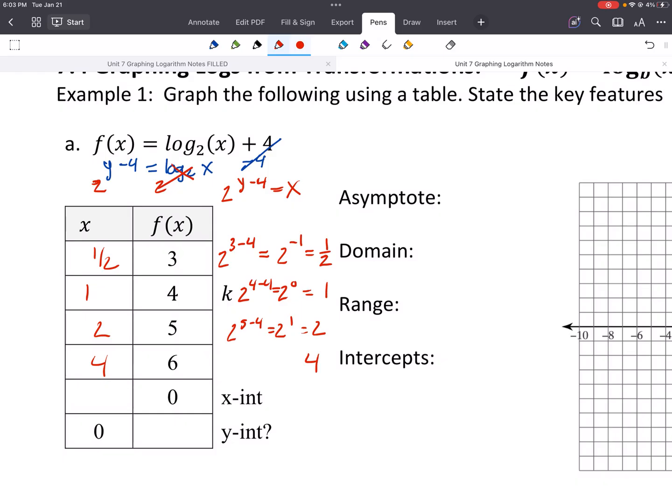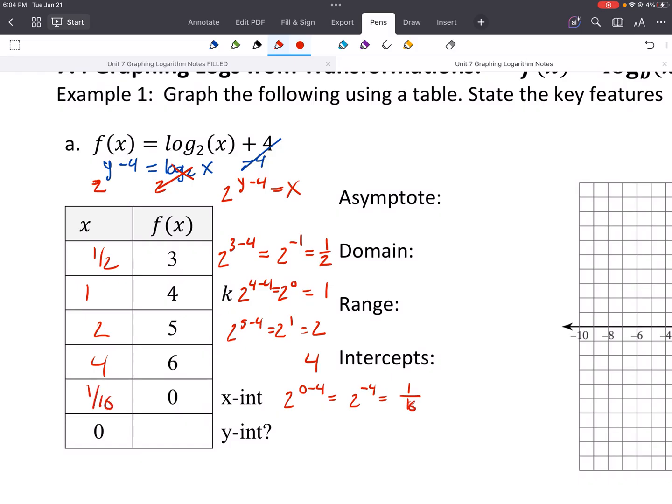And then we want to do it when y is 0. So we would have 2 to the 0 minus 4, and that would give us 2 to the negative 4. Again, it's a doubling machine, but it's going to make it a fraction. So it'll be 1 over 2 to the 4th, or 2, 4, 8, 16. So 1/16.